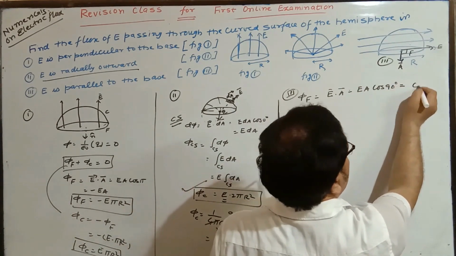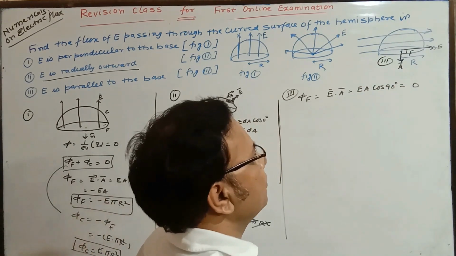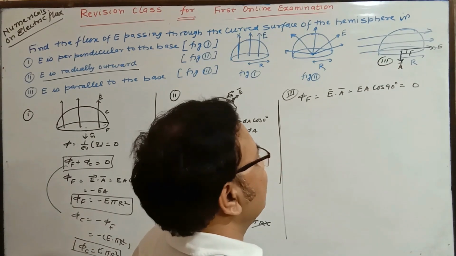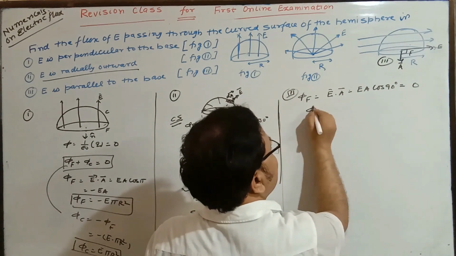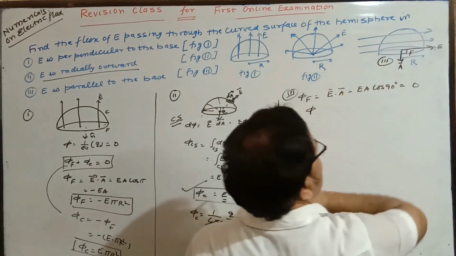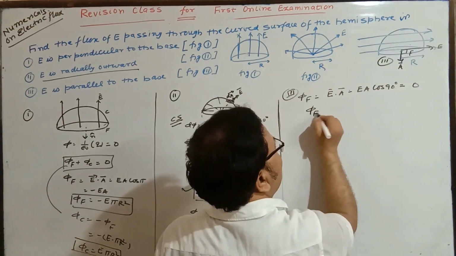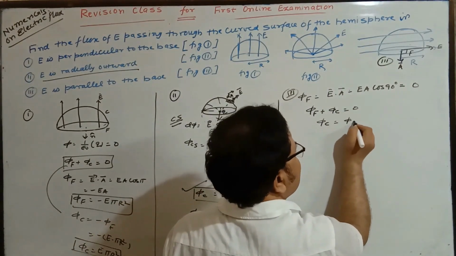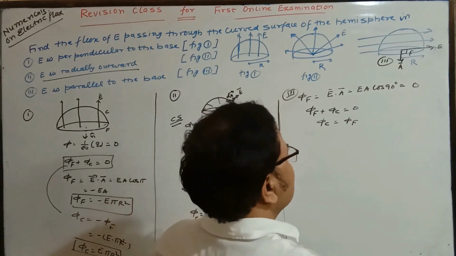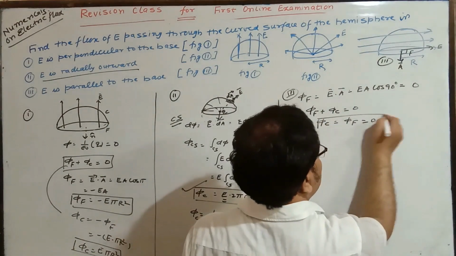Cos 90 is 0, so the flux through the flat surface is 0. It's quite obvious, since there is no charge enclosed in it, φ flat plus φ curved equals 0. So φ curved has the same magnitude as φ flat, and these two cancel as far as net flux is concerned.